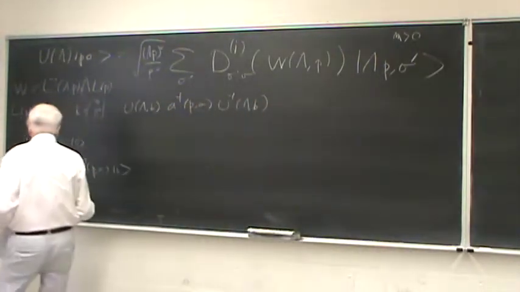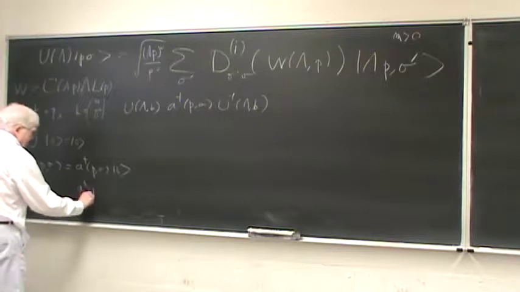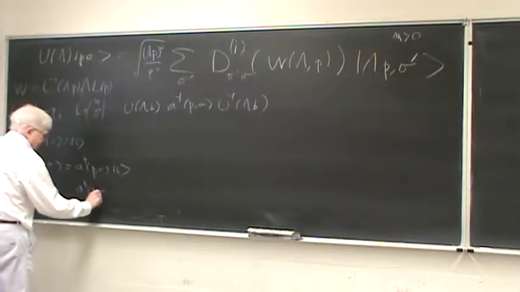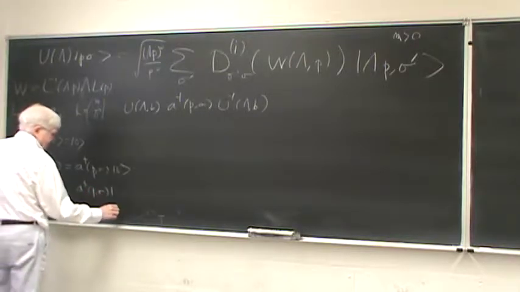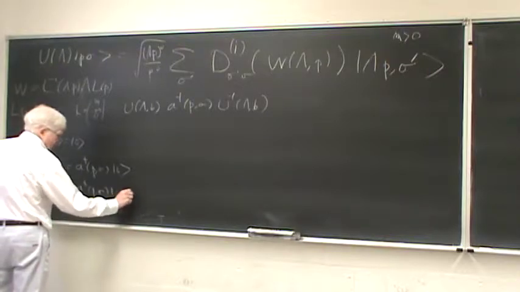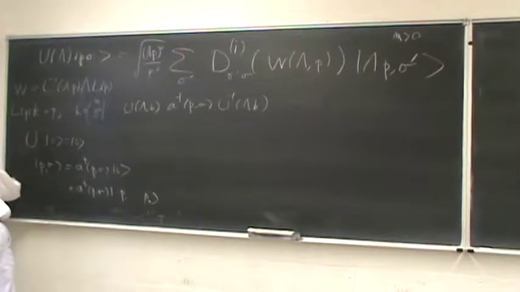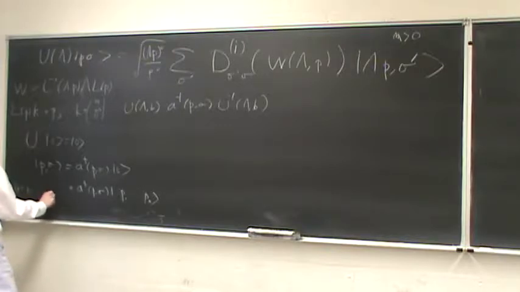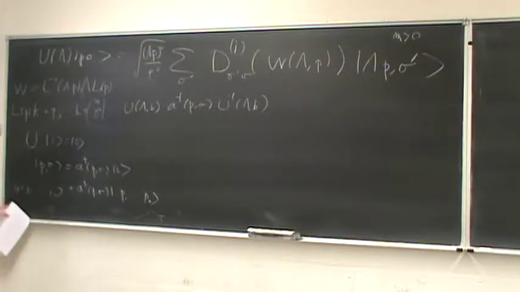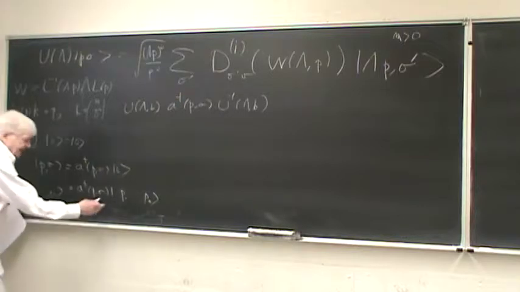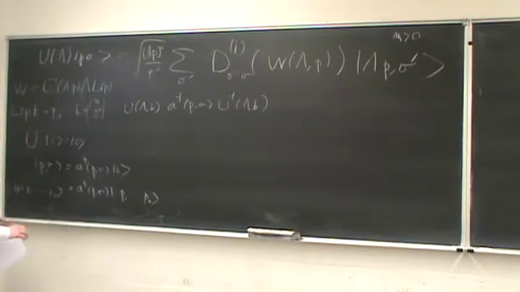So in other words, a dagger of p sigma acting on a state p1 ... pn gives the state p sigma p1 ... pn. It adds one particle, and the notation we're using is that it puts the label in the front.